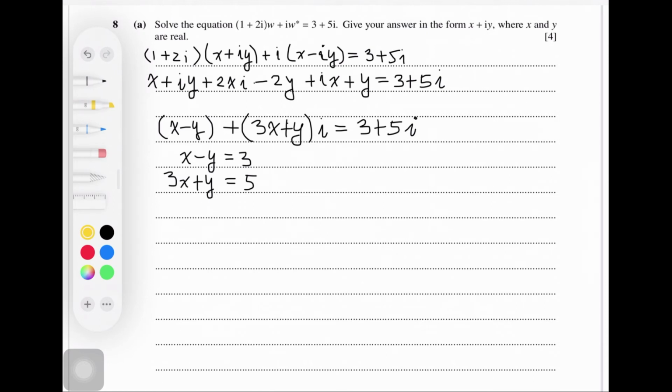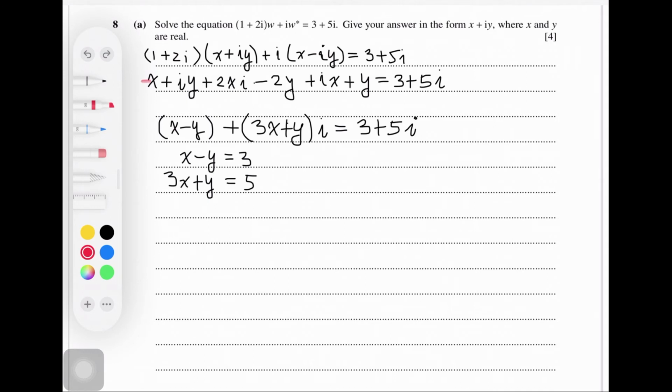So first we substitute w with x plus iy and w conjugate with x minus iy. The equation becomes x plus 2i times (x plus iy) plus i times (x minus iy) is equal to 3 plus 5i.